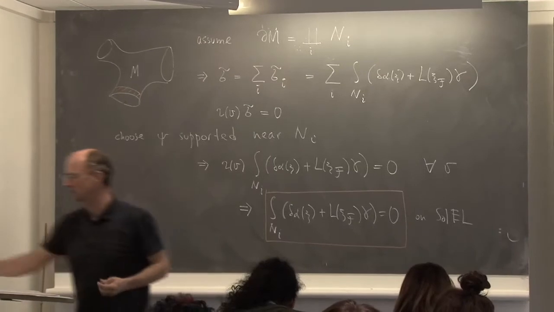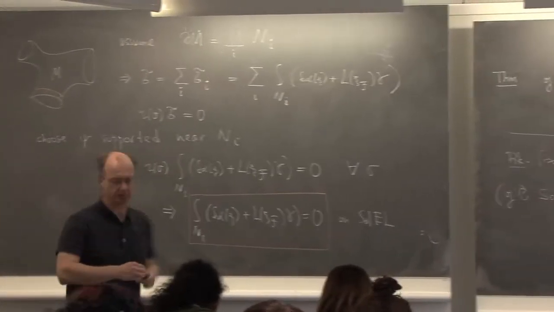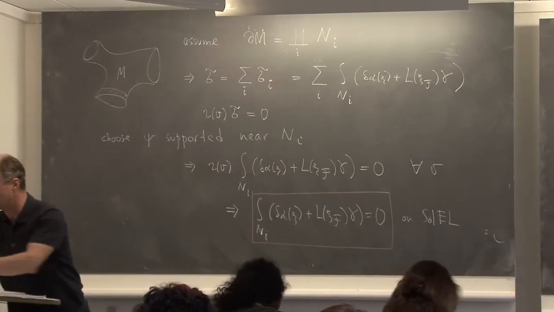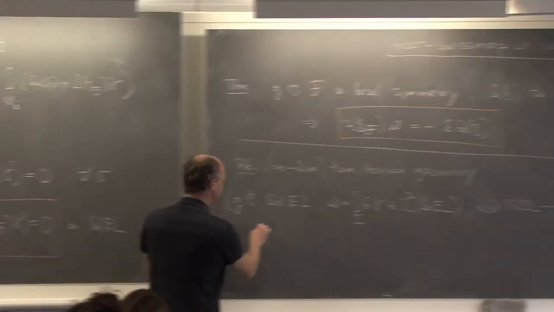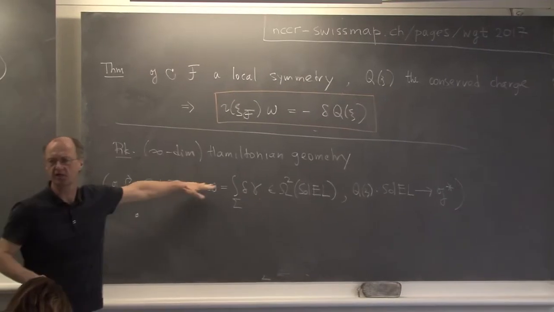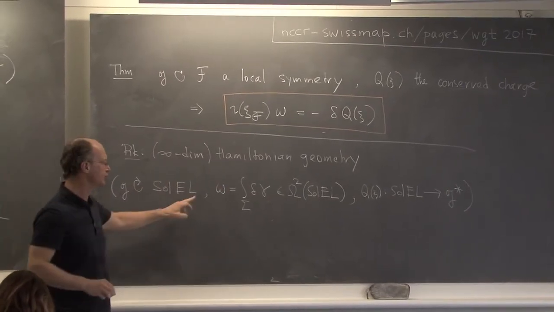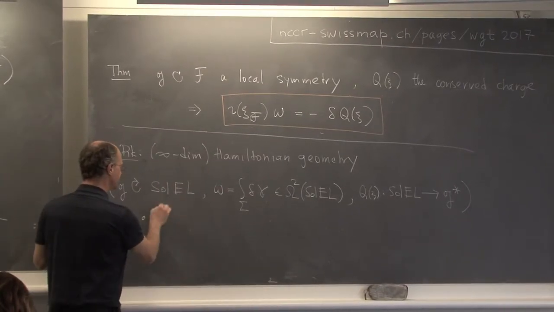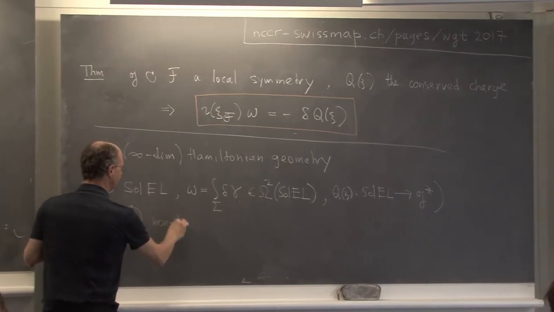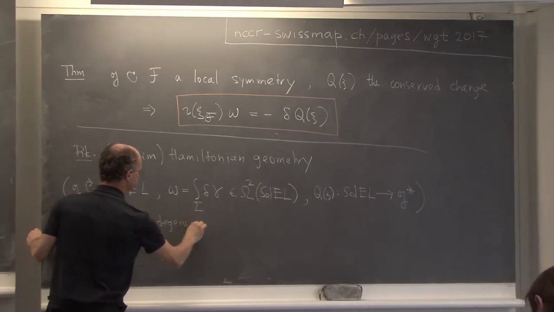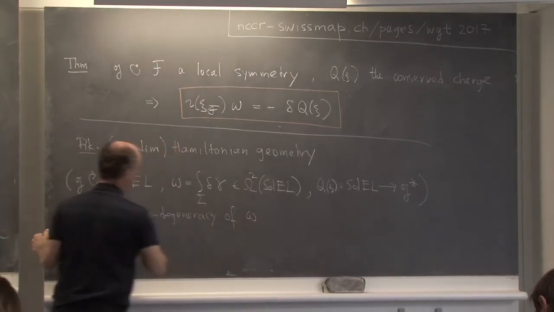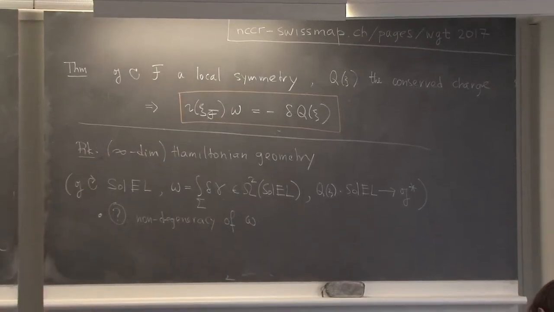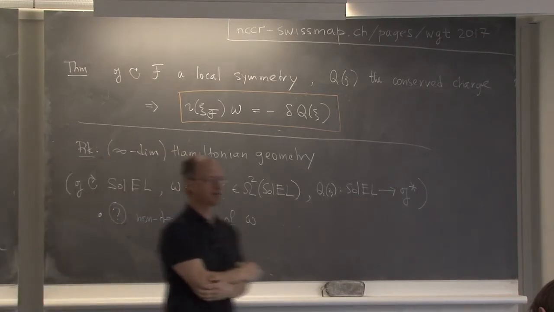The only thing is that there are two things here which are a little bit in doubt, or which depend on the concrete setup. One question is the non-degeneracy of omega. First of all, sometimes it's simply not true.